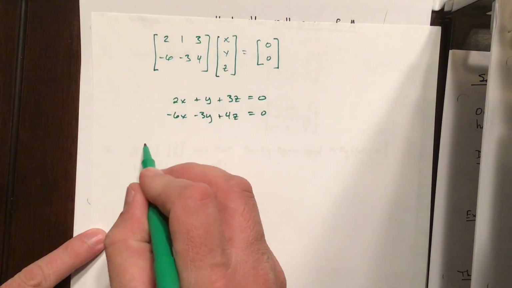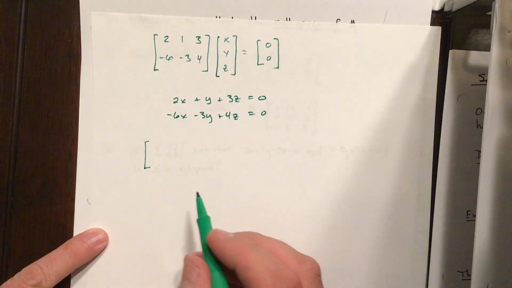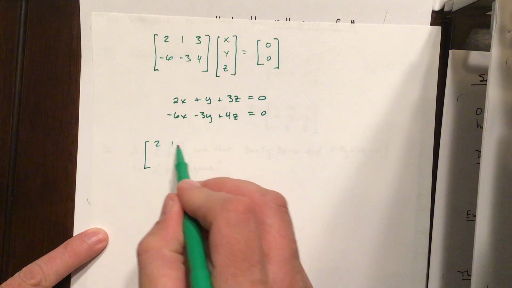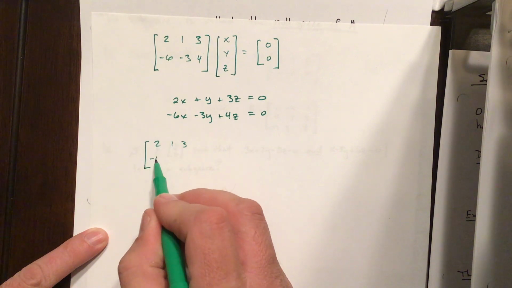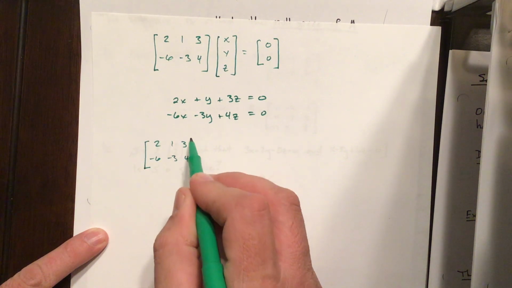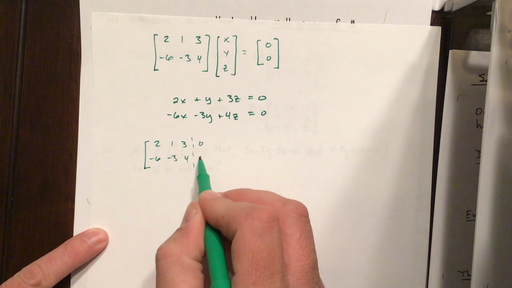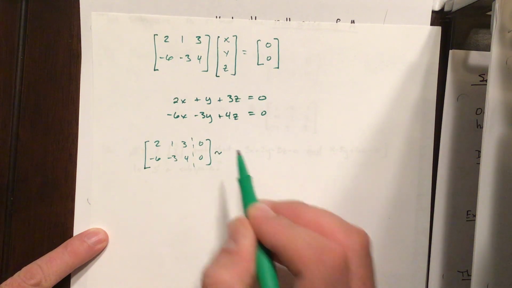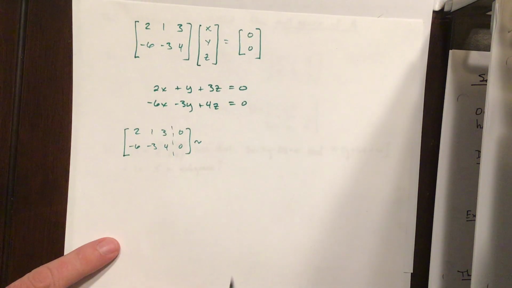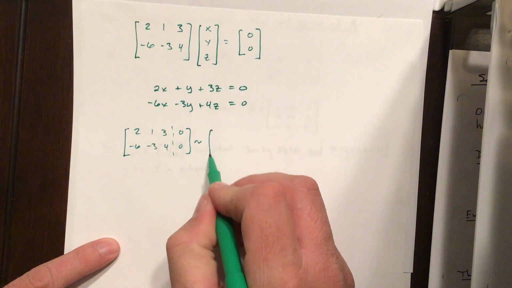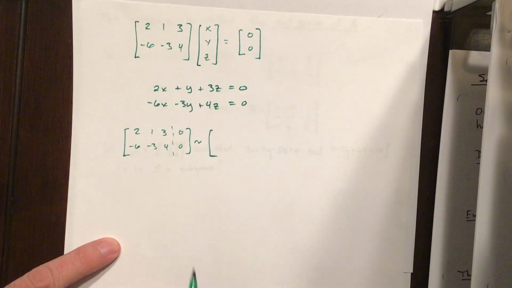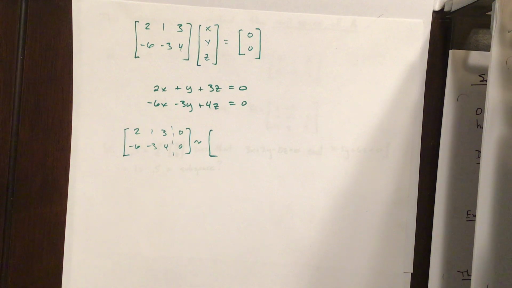So let's look at what the augmented matrix looks like: 2, 1, 3, -6, -3, 4, augmented with 0, and start doing elementary row operations. We can go through this a little bit faster because row reduction is not the purpose of the problem, it's part of the problem that we're solving.